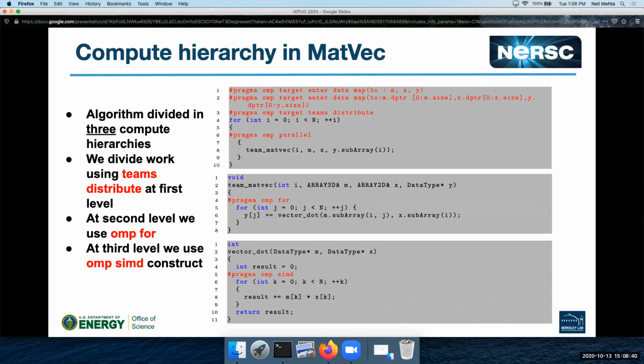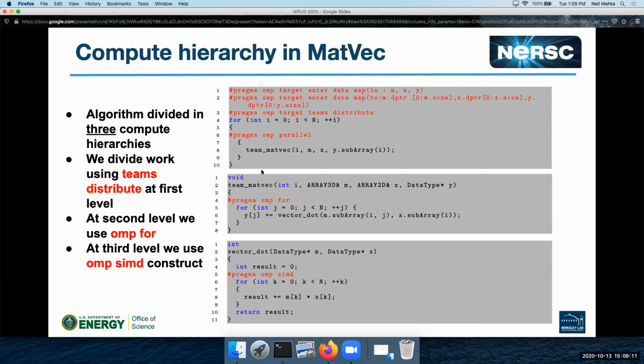And DPTR, which is mentioned on line 2 here, is basically pointing to this memory block and has to be deep copied to the device memory. That's why we have the first copy, which has objects M, X, Y, and in the second copy we copy the base pointer. So this defines our first compute hierarchy, which is OMP target teams distribute.